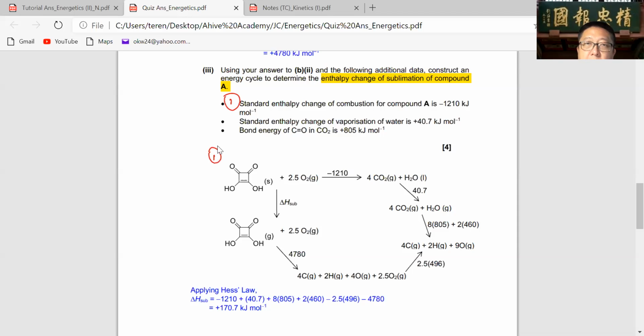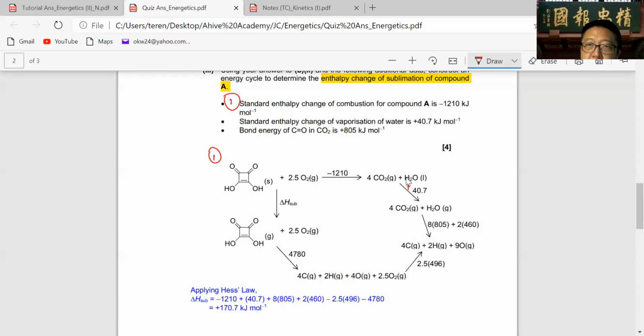Next, enthalpy change of vaporization, we just follow plus 40.7. Vaporization means liquid changing to gas, water changing to gas. I think it's good to put the positive sign in front. You want to insert it on your energy cycle yourself, so that when you add up, you will not add wrongly.